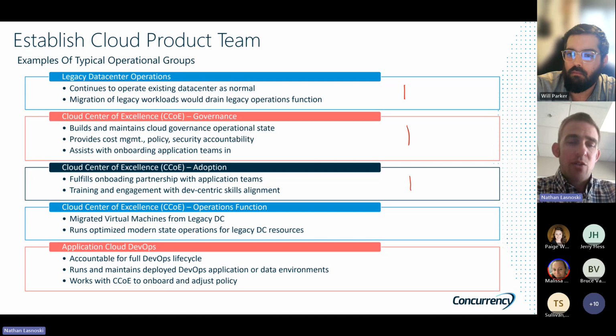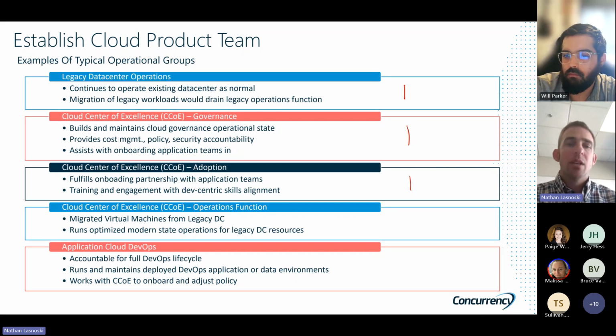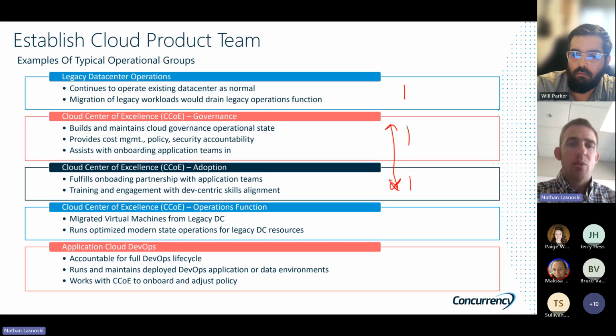So adoption activities would be enabling a new application team to be able to use functions within Azure, or enabling them to light up new data workloads, or performing engagement with dev-centric skills associated with the dev team. This adoption functionality has to happen to be able to make them effective within the environment. So that's this balance, right? There's the balance between governance and the balance between adoption that needs to exist.